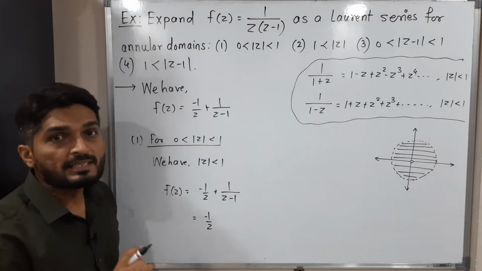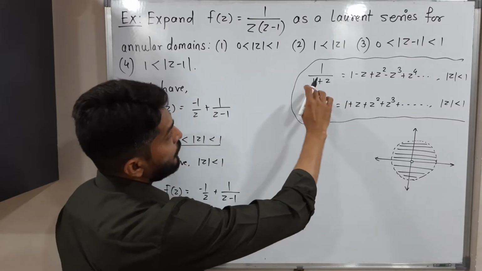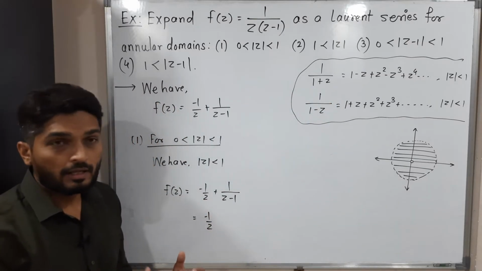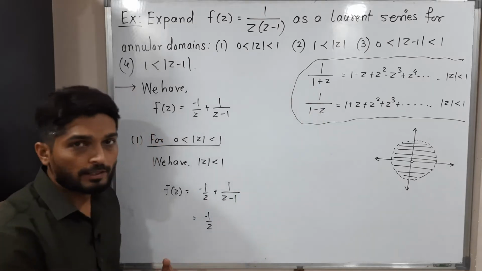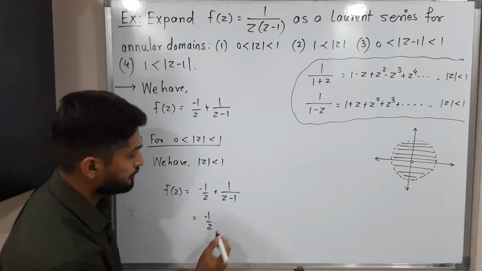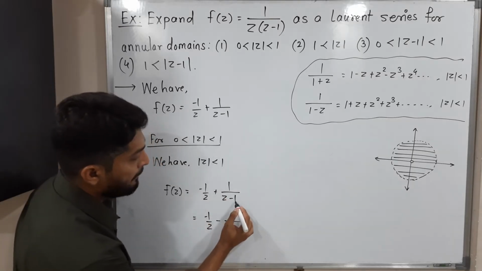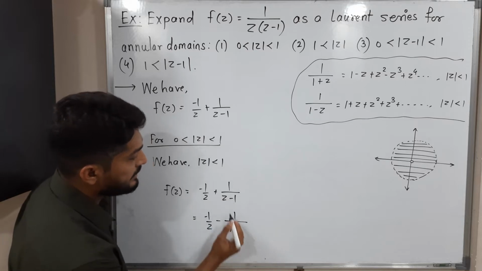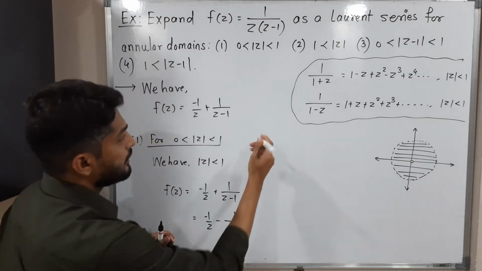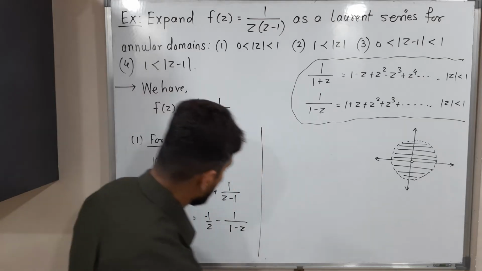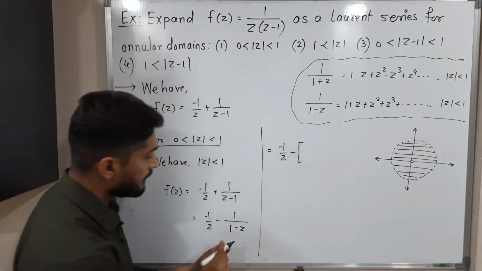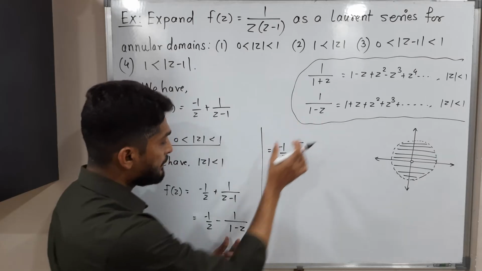But see, one problem is there. Here you can easily see for this series we have 1 first, and what we have? z first. Actually, we want 1 first, then only we can expand. So how to bring 1 here? I will take the minus sign common, so this sign will get changed. Minus sign common, so it will be plus and this will be minus, right? Yes, if you take the minus sign common. So this is equal to minus 1 by z, minus is already there, right? 1 upon 1 minus z, the same thing we have.